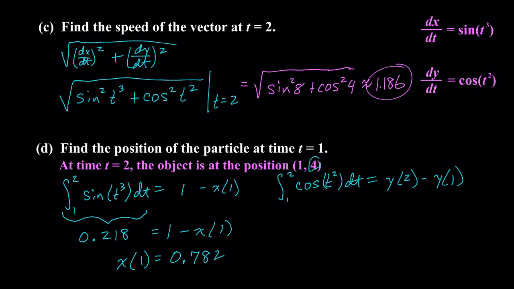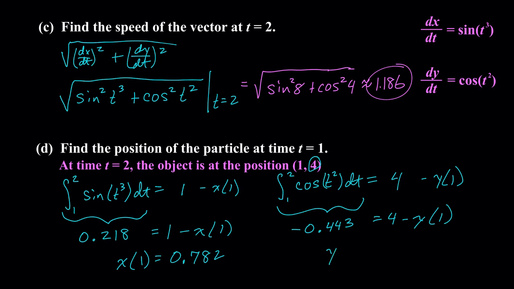We know y of 2 is 4, so I'm just going to replace this with a 4. You can do this on a calculator, which comes out negative 0.443 equals 4 minus y of 1.